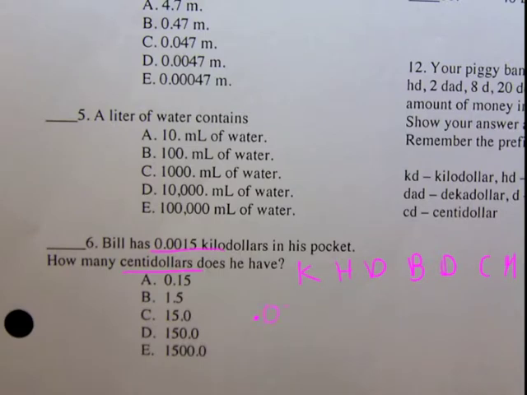So 0.0015. I'm starting at kilo, and I'm going to centi. 1, 2, 3, 4, 5 to the right. So I put in a 0. These don't count, right? So it's just 150, and that is D.